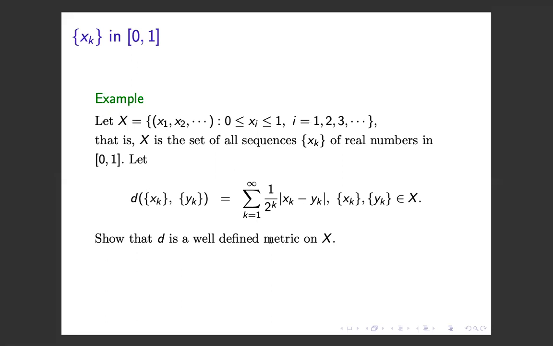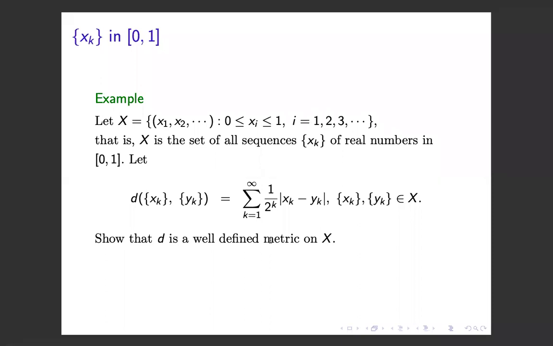So the distance between these two sequences, (x_k) and (y_k), is defined as follows: you take |x_k - y_k| for a fixed k, divide that by 2 to the power k, and then sum over k. That kind of strategy you might or might not have come across in other contexts, but it is usually followed when you have to deal with a countable number of such things.